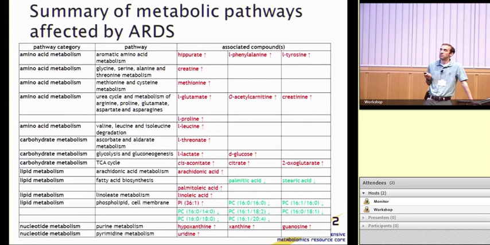Also, we see substantial elevation of nucleotide purine metabolites and pyrimidine metabolites in the acute respiratory distress syndrome. So there's various different classes of metabolites.